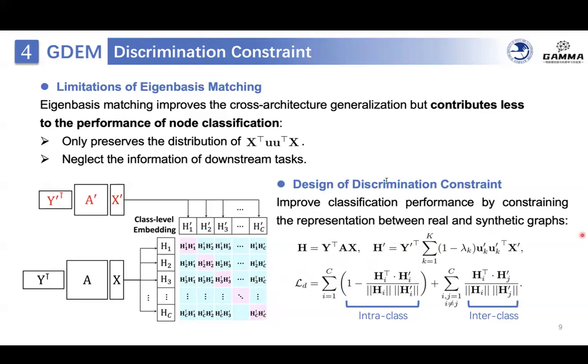And it is noteworthy that the loss L_D introduces a slight bias, because the calculation of the class embeddings incorporates the spectrum, and will introduce a low-frequency preference.